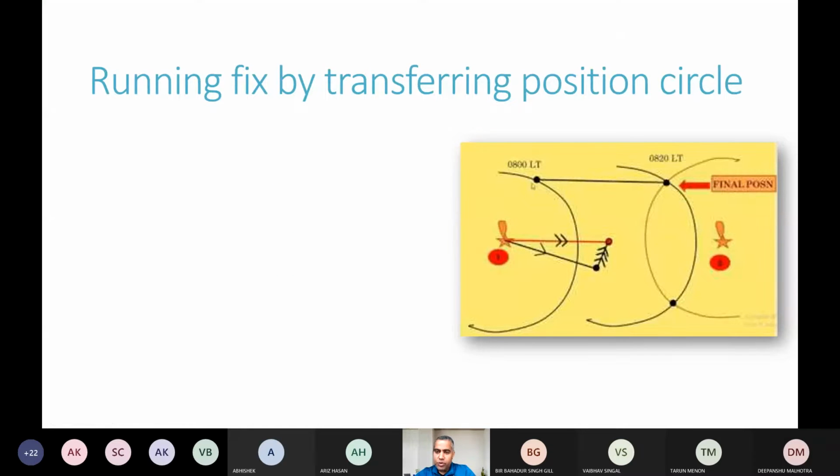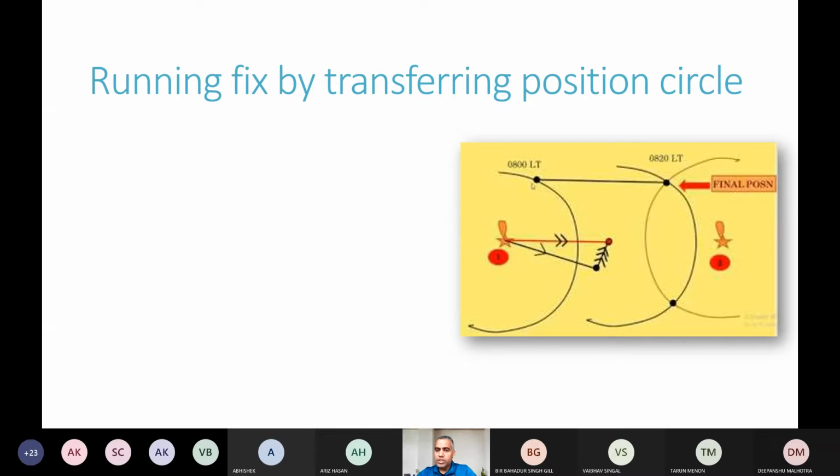Okay, let me first tell you what this concept of transferring a position circle is. There are many methods in chartwork, in terrestrial navigation, with which we can obtain position circles. What is the meaning of a position circle? A position circle is a circle on the chart on which the vessel's position lies.